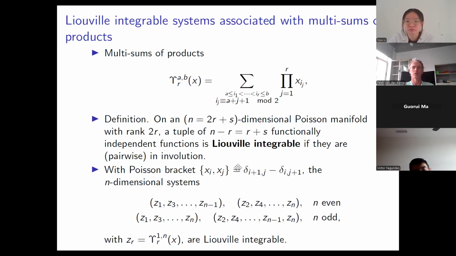They form an integrable system. So all these functions commute with each other if the parity of the index is the same. And I forgot which one is the Casimir. I think Z_n is the Casimir in the odd dimensional case. So then we have these nice Liouville integrable systems.